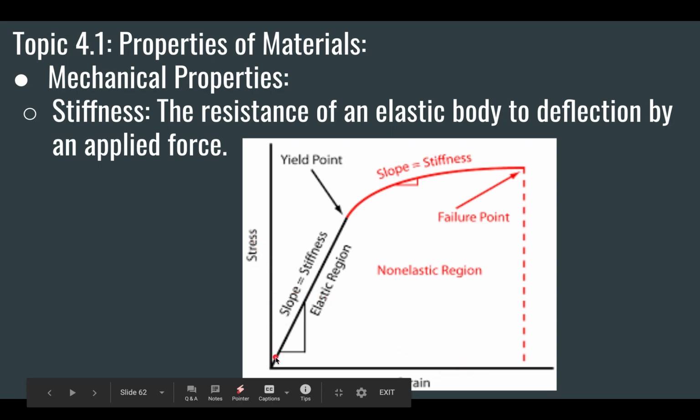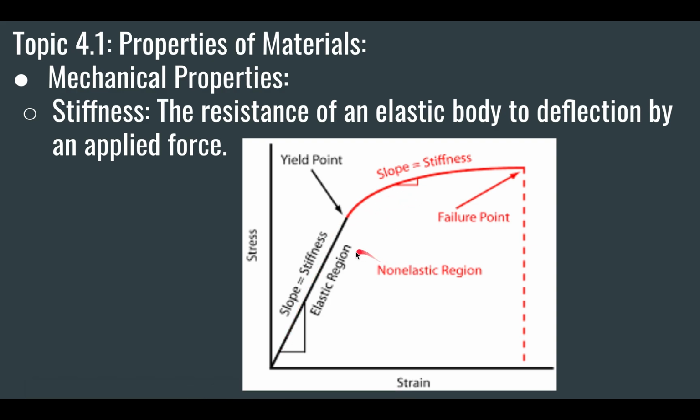We're looking at the point where something will actually bend and not go back to its original shape, and that's stiffness. Again, we need to design for this. We need to think about where we want things that are stiffer and where we want things that are more flexible. That's something to definitely pay attention to when an elastic body is deflected and comes back.